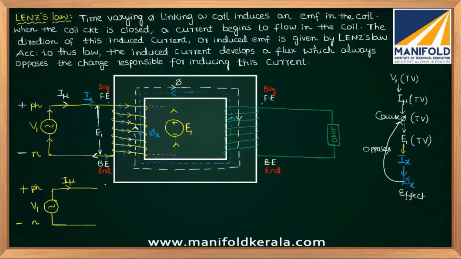What about this portion? Plus, minus. I can say it is the E1 value, right? And what about the direction of this arrow mark, guys? If you are having confusion, I'll do one thing. Let me use the same color so that you'll have some clarity.